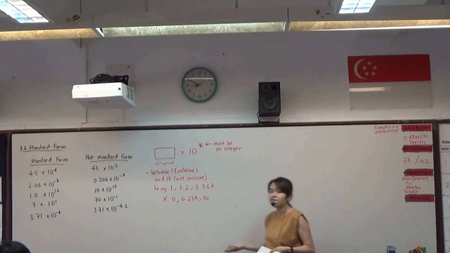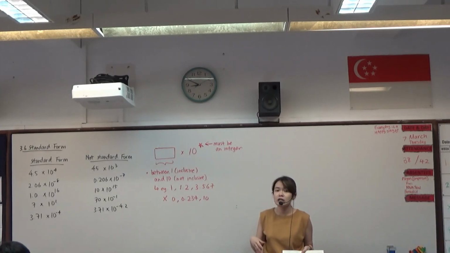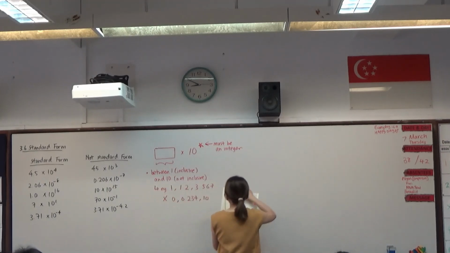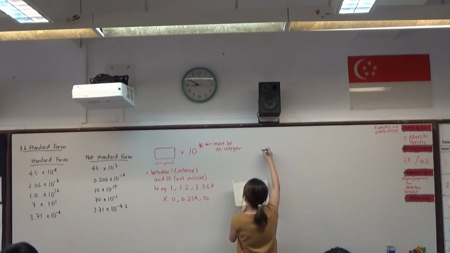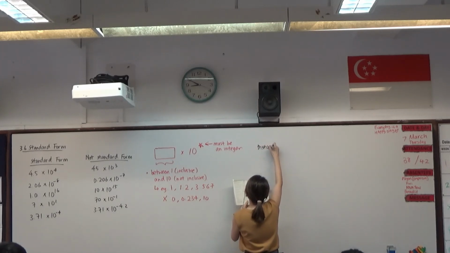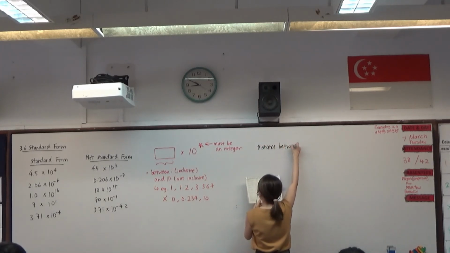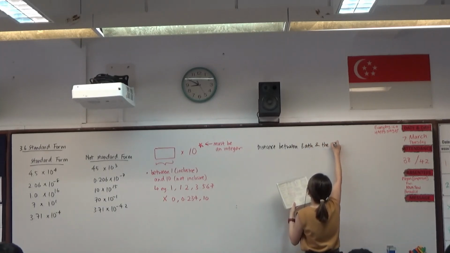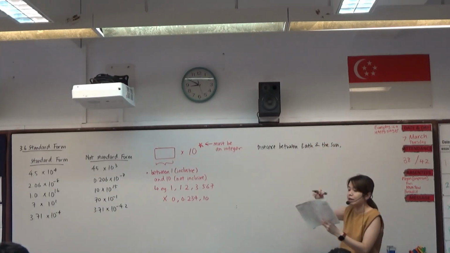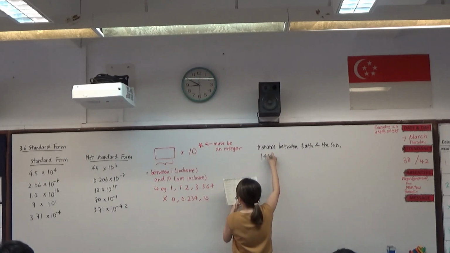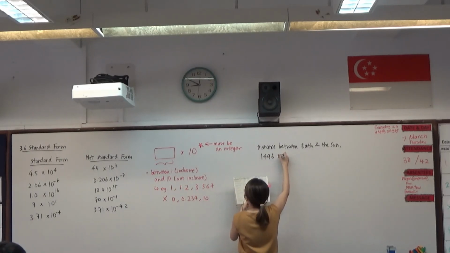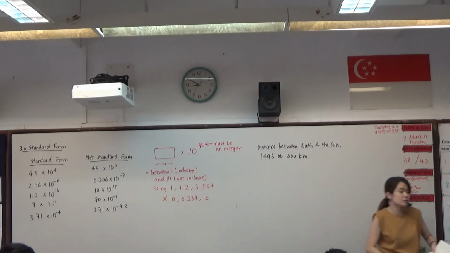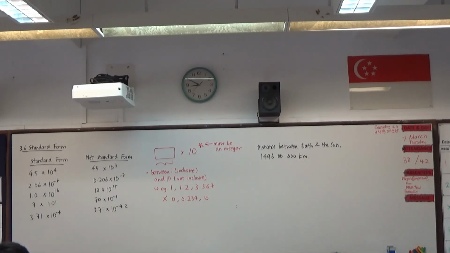The opposite of standard form will be ordinary form. Ordinary form will mean that it is the entire number itself. So for example, let's say the distance between the Earth and the Sun, not our Earth in this class, we're talking about 149,600,000 kilometers. It is quite a number of digits that we have to write.